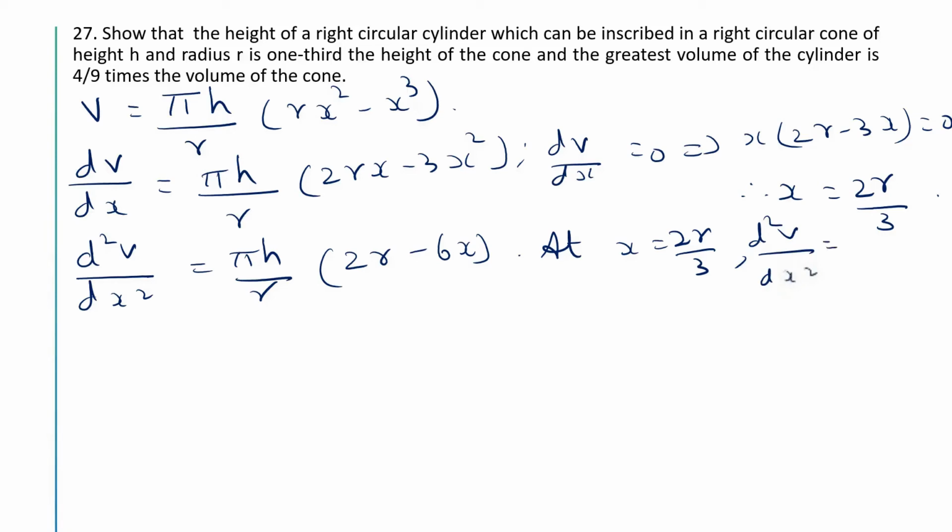When we substitute x as 2R by 3, we will get 2R minus 4R. So it is minus 2R, which is negative. It is less than 0. Therefore, x is equal to 2R by 3 is a point of local maxima.